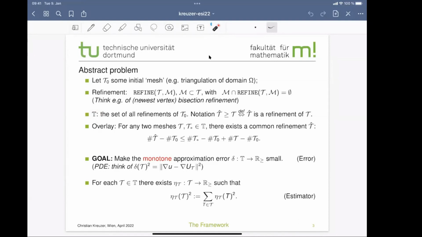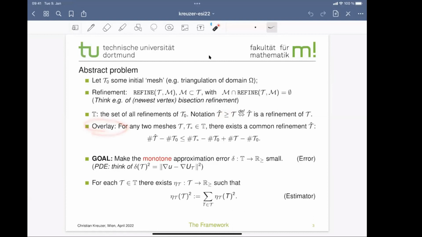our refinement routine. And here's some shorthand notation: if T hat is a refinement of T, we denote this by T hat is greater or equal T. That just comes from the fact that the refinement introduces a partial ordering, and this is the greater equal in this sense.